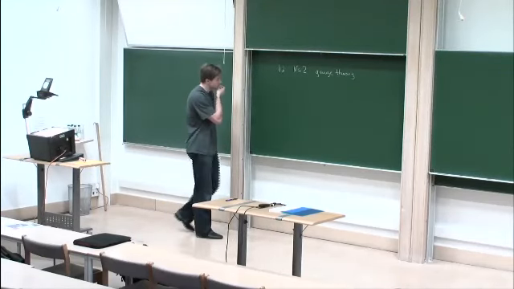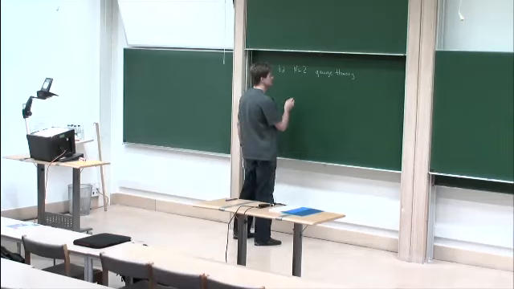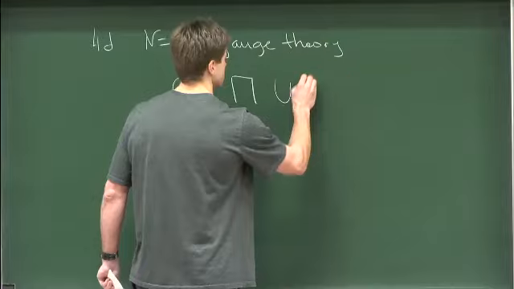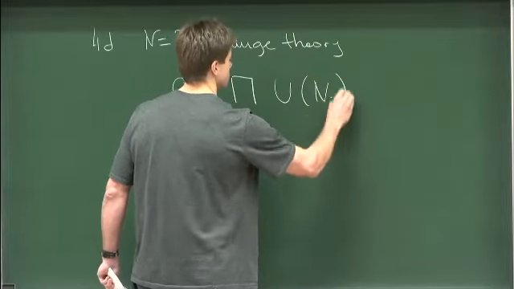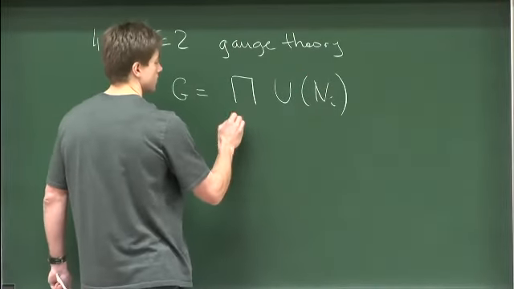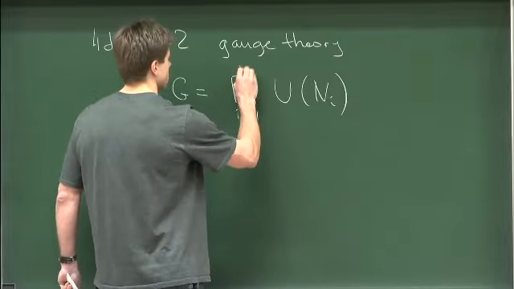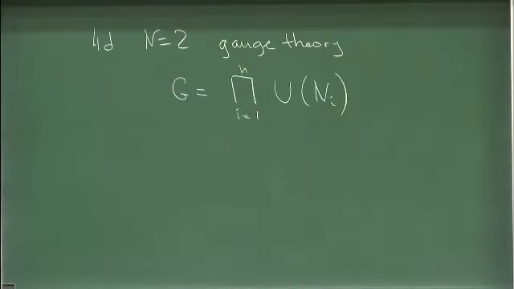So we restrict our attention to the theory with the gauge group, which is a product of U(N_i) gauge groups, for i running from 1 to n.